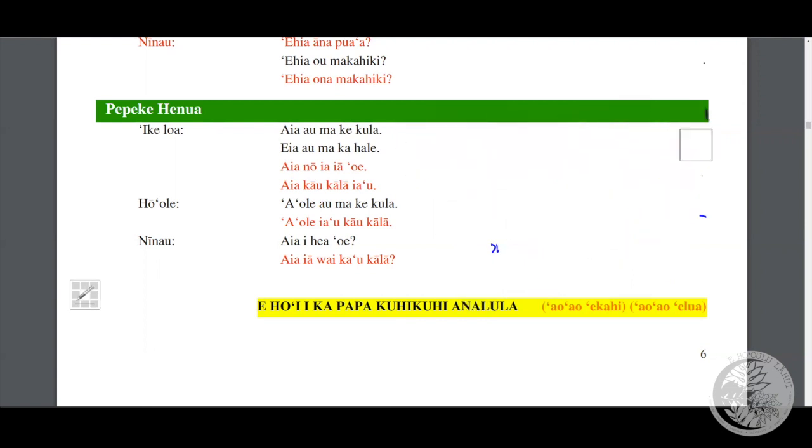So if I took a very basic English sentence, like we see here, aya, something is located. Ao, the so-called piko subject. I am located. And where am I located? Ma kekula, or at school. Or the next example, eya, here. Ao, here I am.